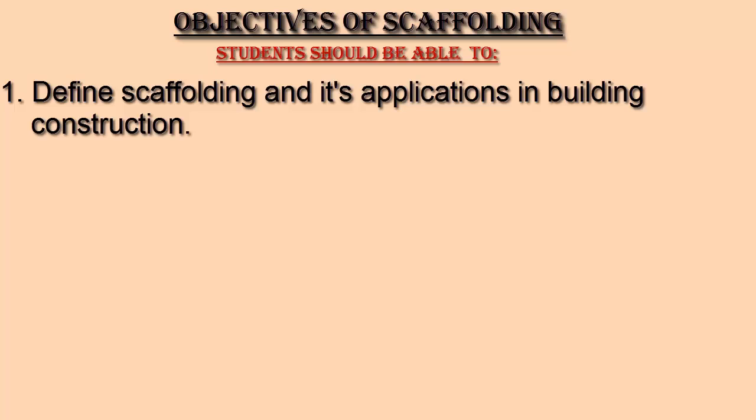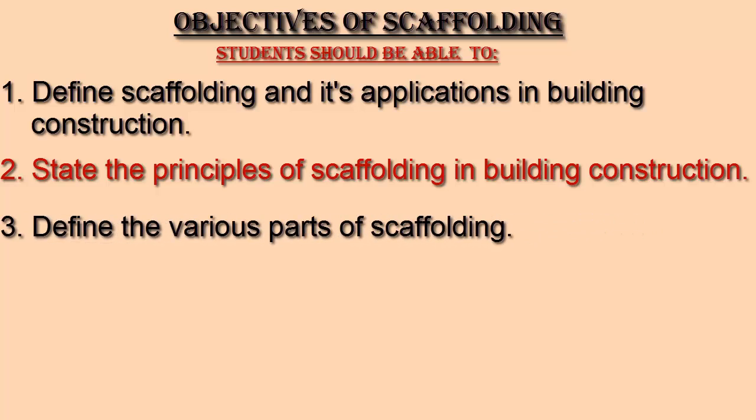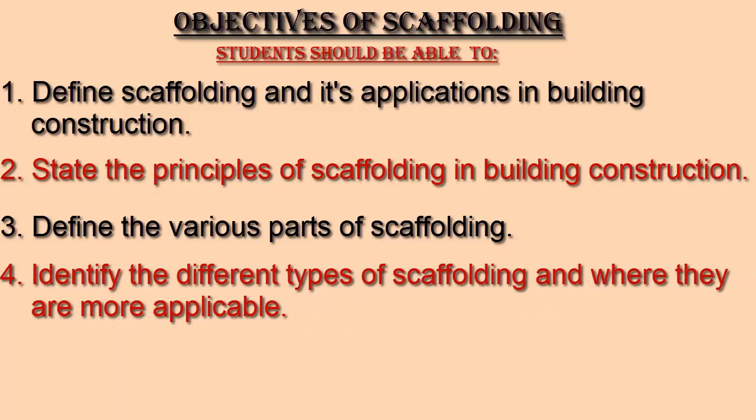The students should also be able to state the principle guiding scaffolding in building construction. The students, after the lesson, should also be able to define various parts of scaffolding. And lastly, the student should be able to identify the different types of scaffolding and where they are more applicable. At the end of this lesson, the student should be able to meet up with this objective.